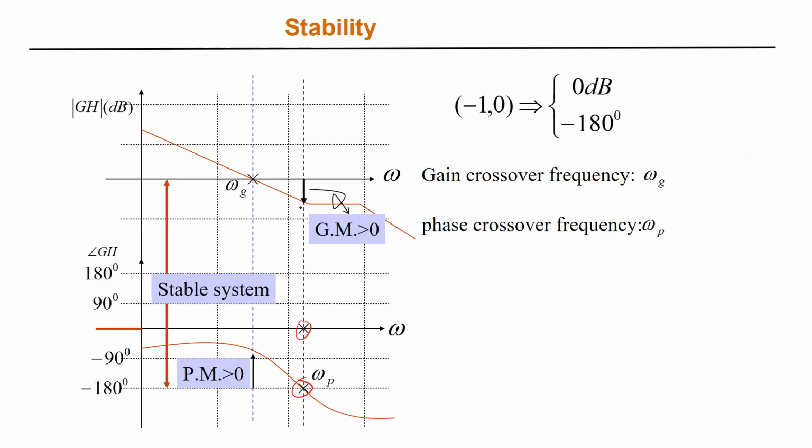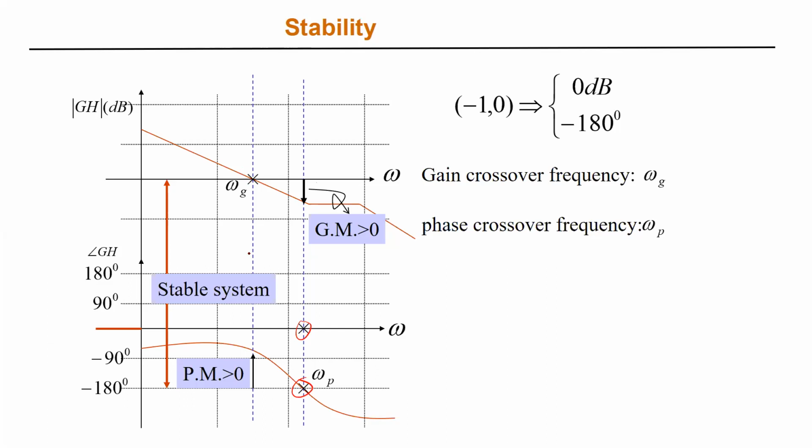If I am intersecting below the 0 dB, my system is stable and the gain margin will be positive. The same thing for the phase.